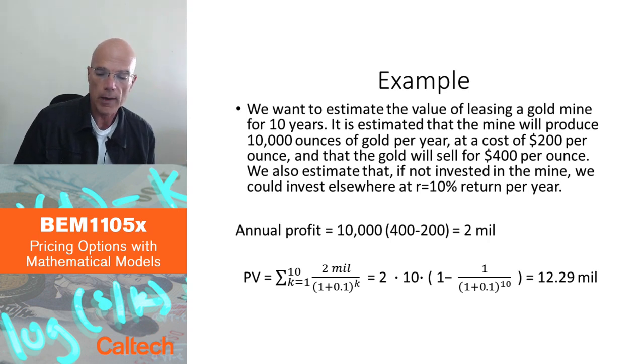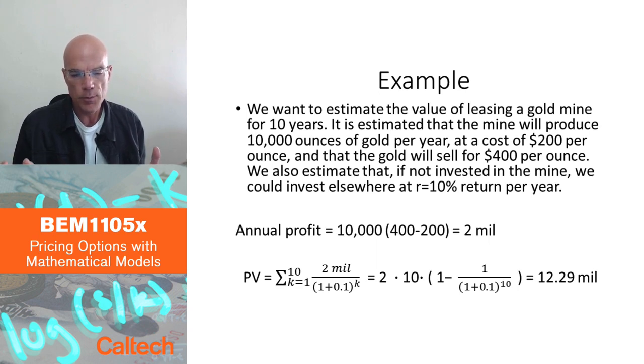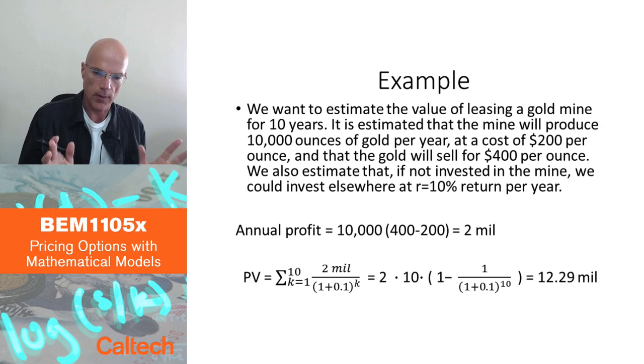So you want to rent a gold mine for 10 years, and the question is, how much is the fair rent for this gold mine if you're going to pay everything, let's say today, just for simplicity. Since we only know how to price deterministic payoffs so far, we have to pretend everything is known in advance.